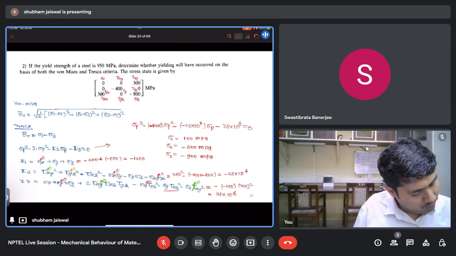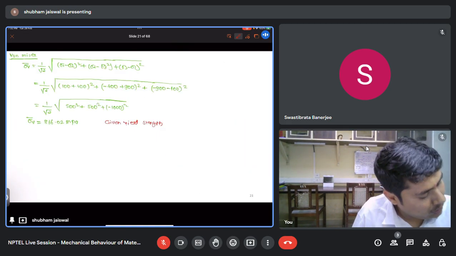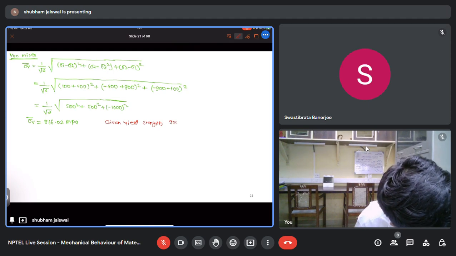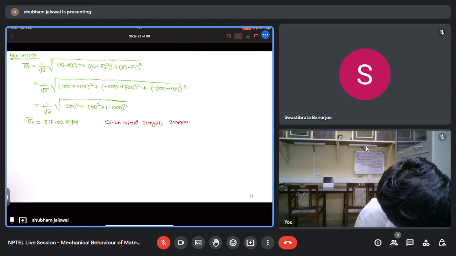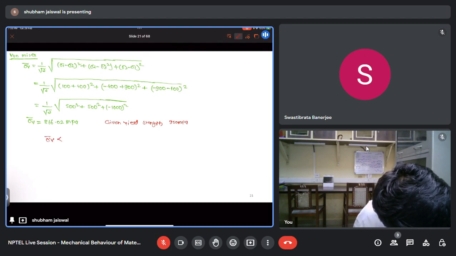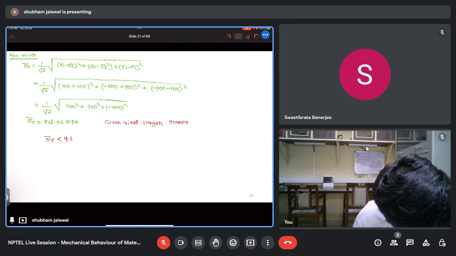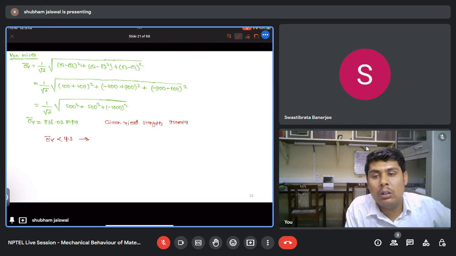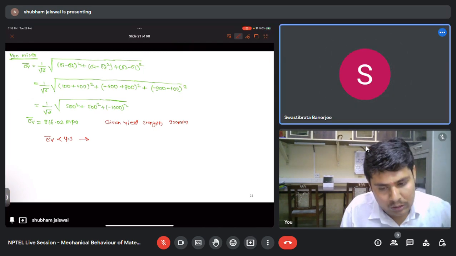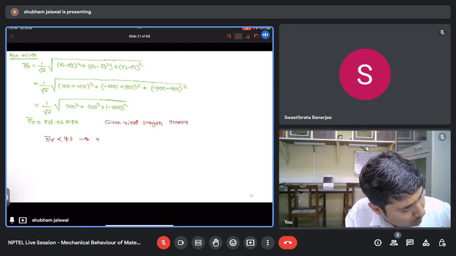Here, the given yield strength is 950 MPa. Okay, so the sigma von Mises is less than the yield strength. So what will happen? The material will yield or not? So no yielding occurs. Okay, so yielding will not occur.